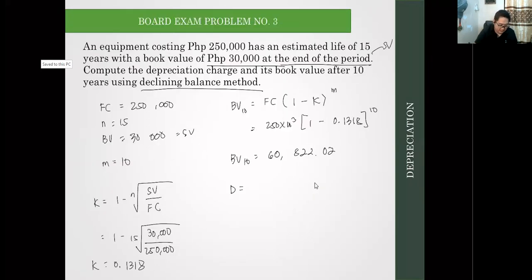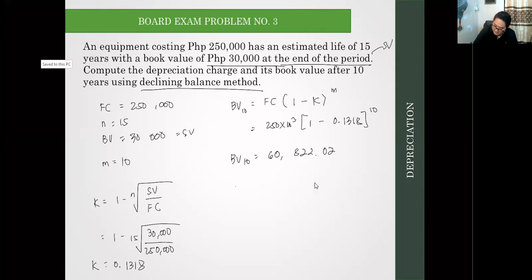So, that will be FC times yung 1 minus K raised to M minus 1. Para makuha yung depreciation, pwede natin kunin yung dalawang depreciation. No?